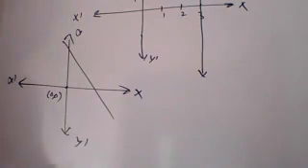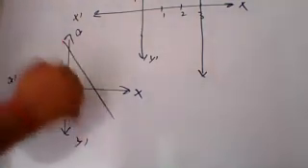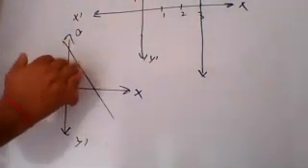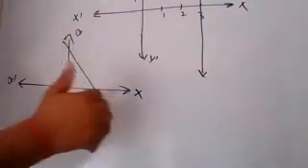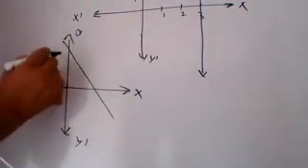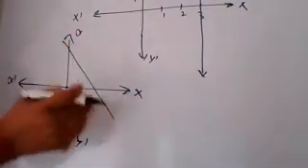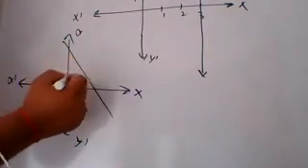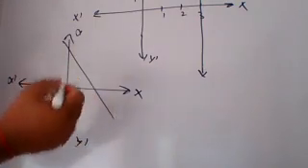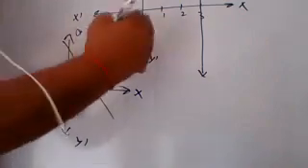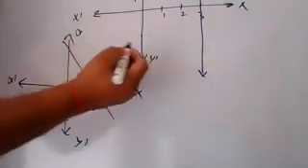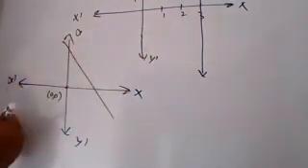Here you have the test point (0, 0), meaning this point is taken as the origin. Here you can see that this line divides the plane into two halves. One part is above this line and the other part is below this line.